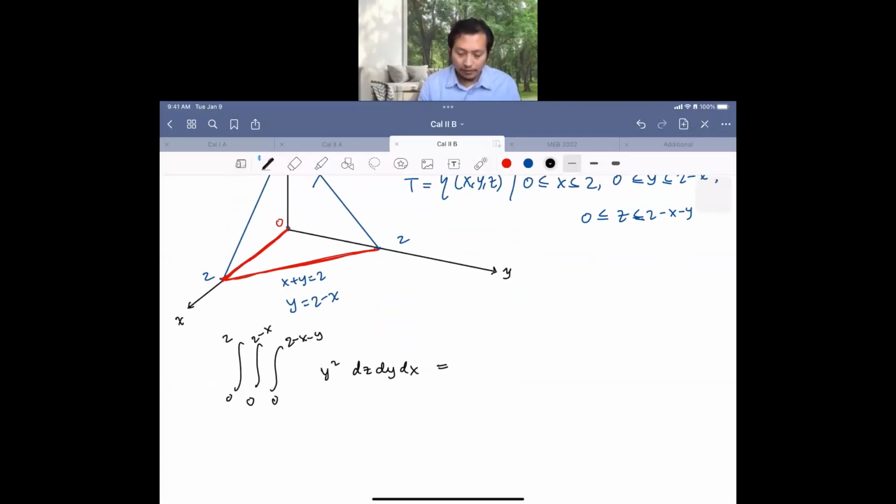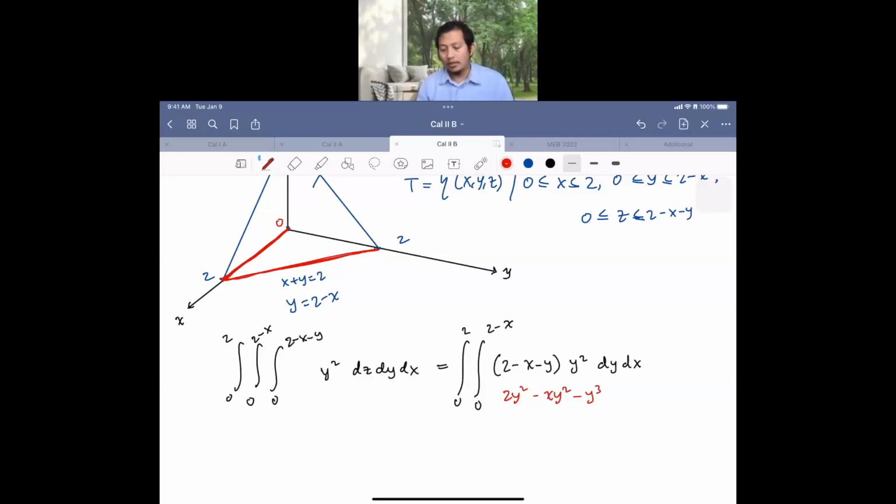So we could have 2 minus x minus y multiplied by y squared dy dx. We could work on this.